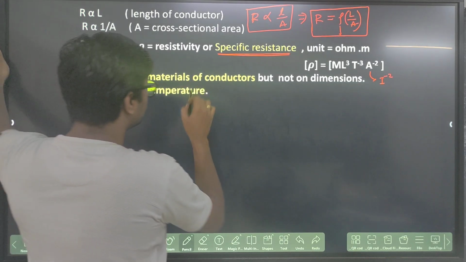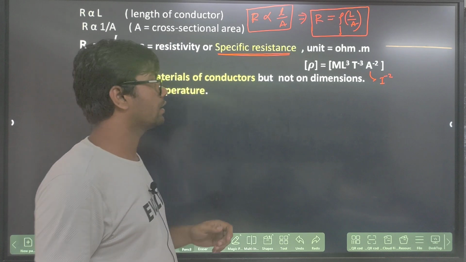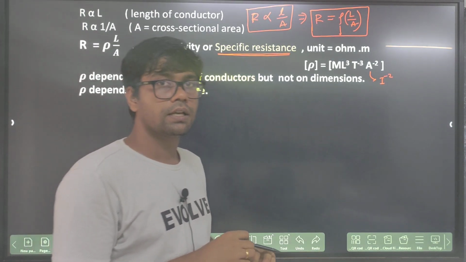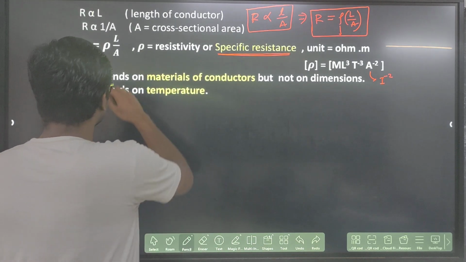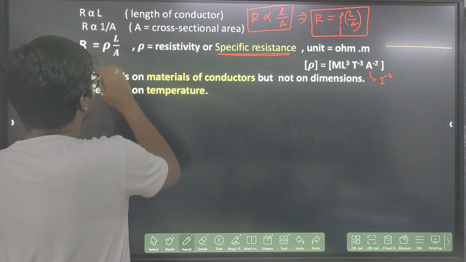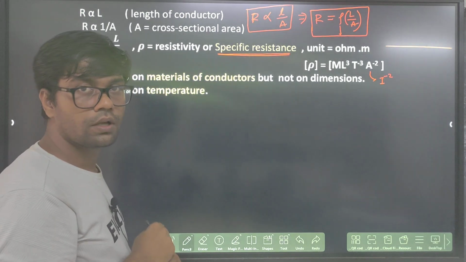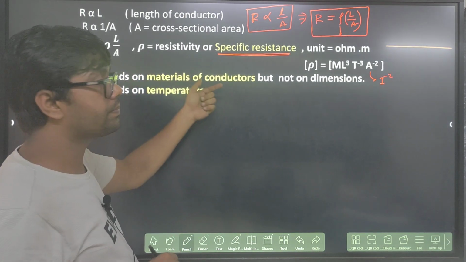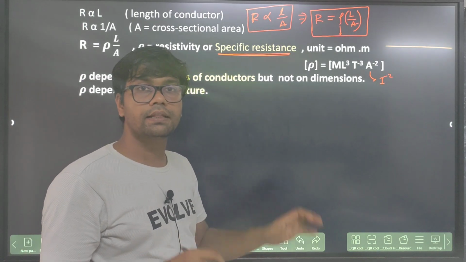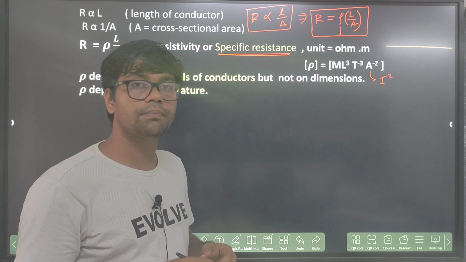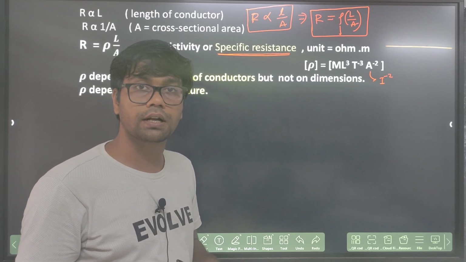So you have to remember here that resistivity depends on the material of the conductor, but not on dimension. Resistance, if I write, depends on the length of the conductor and the area of the conductor also. But resistivity does not depend upon the length or area of the conductor. That means it does not depend upon the dimension of the conductor.